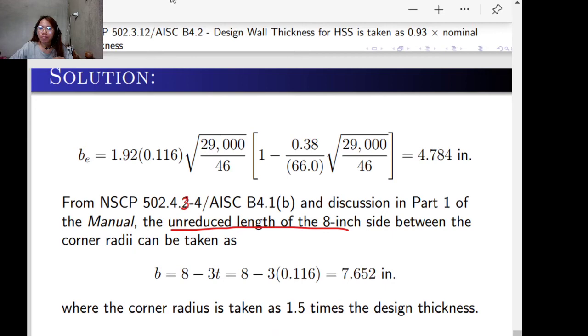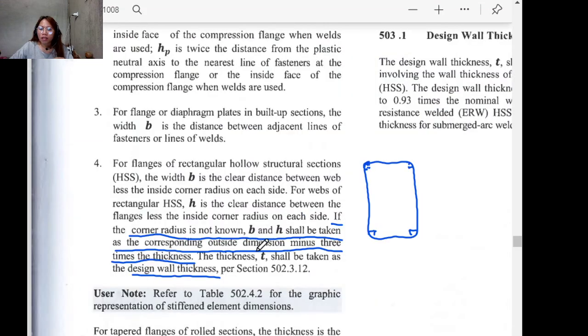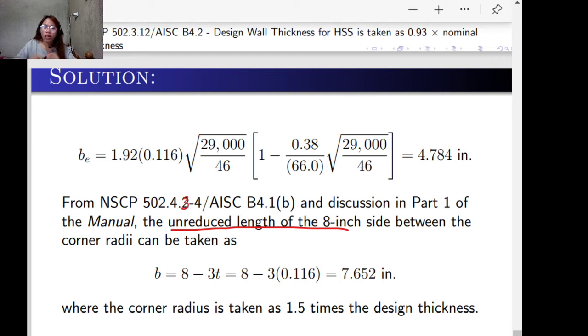Yes. From the NSCP, the corresponding outside dimension minus 3 times the thickness. The thickness t shall be taken as the design wall thickness. So, the 8, the total height of the HSS shape, minus 3 times the design thickness.